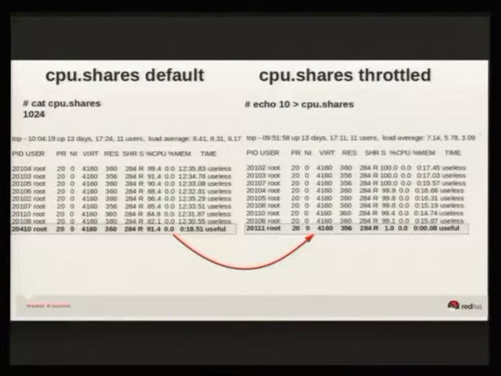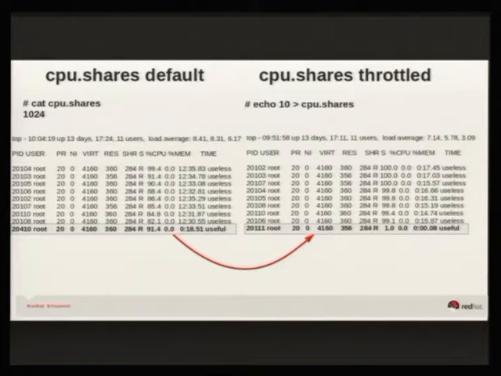Inside of the CPU C groups, there are multiple scheduler options, one of which is the shares. In the case of shares here, you create a CPU C group, and it has 1,024 shares. If you say, I only want to allow this C group to get 1% of the shares, you basically turn it down to 10.